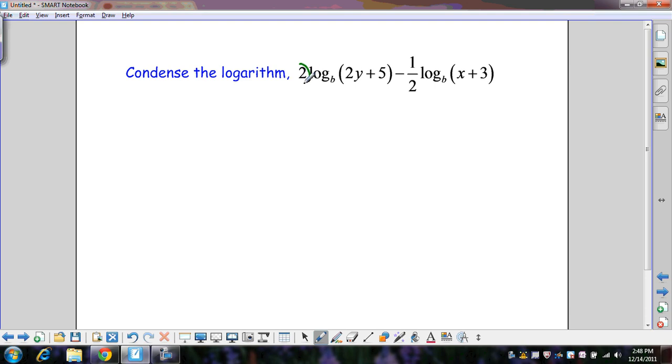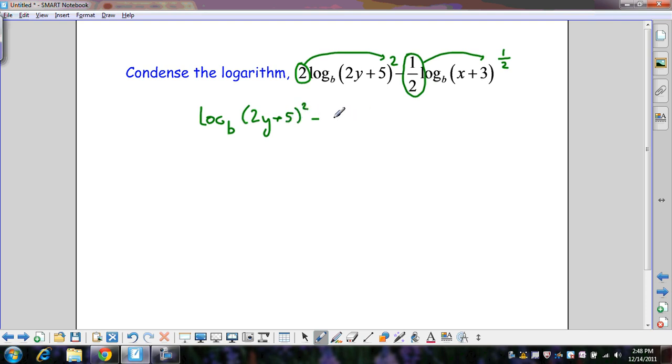The first thing I'm going to do is I'm going to take my coefficients and I'm going to move them up. So in other words, I'm going to take this 2, I'm going to move it up here and put it as a power. Similar situation here. I'm going to take the 1/2 and I'm going to put it up top. So anytime we have coefficients and we're condensing a log, we want to take those and put them up as powers.